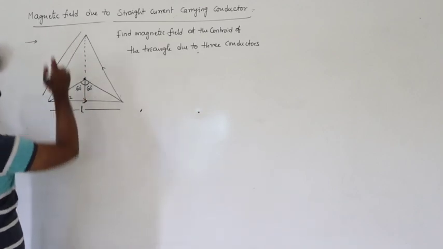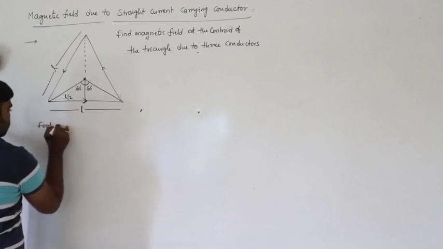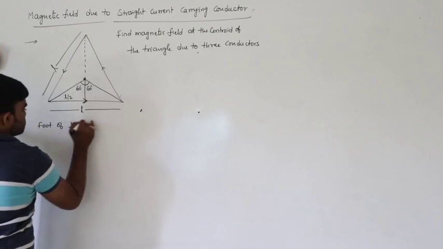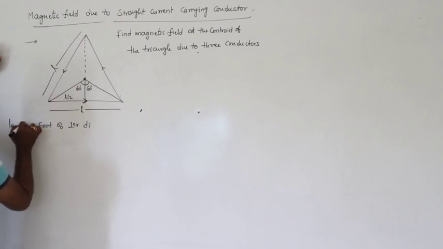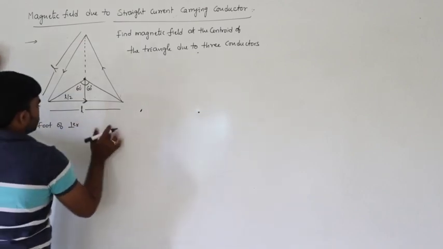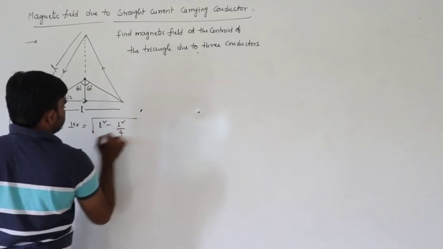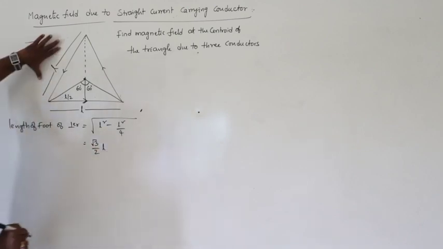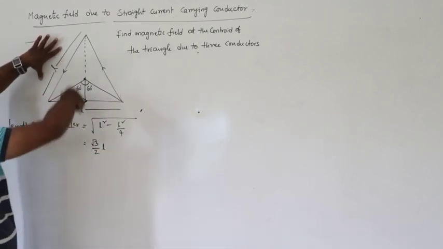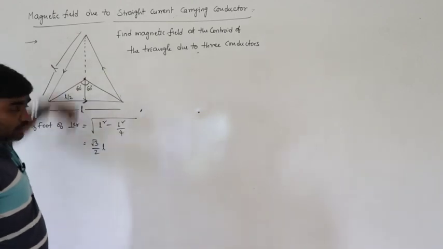So the length of the foot of the perpendicular is equal to square root of L square minus L square by 4, that is root 3 by 2 L.